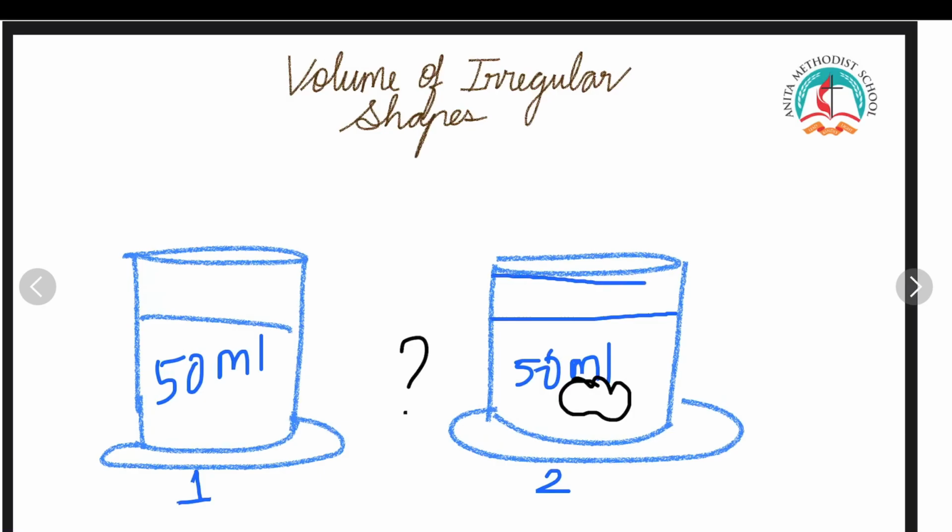Yes, the water level will rise up to an amount. Say for example, after dropping the irregular shape, the water level has risen to 75 ml. Now, shall we find out the volume of the irregular shape dropped into the second cylinder?